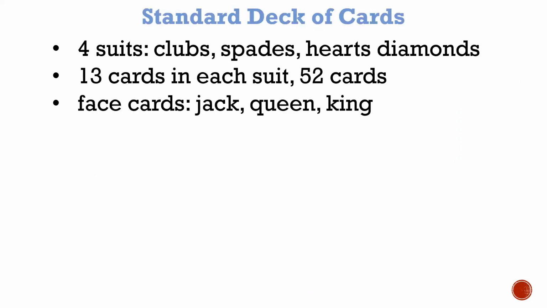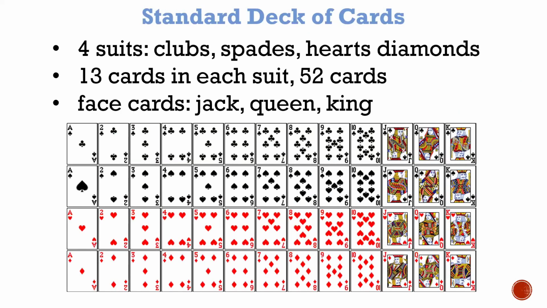Now, most of you probably already know this. This is just the organization of what's in a deck, because we use these for probability problems. I will never refer to any rules of any specific card games, right? All you have to know is what is in a deck. So there are 4 suits: 2 black suits, clubs and spades, and 2 red suits, hearts and diamonds.